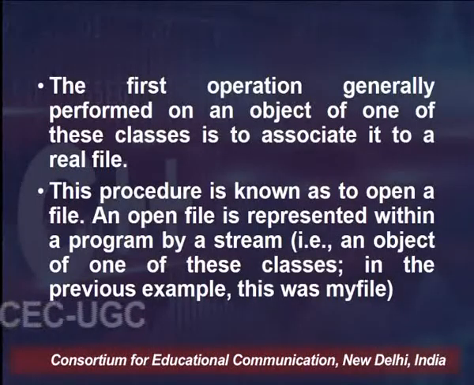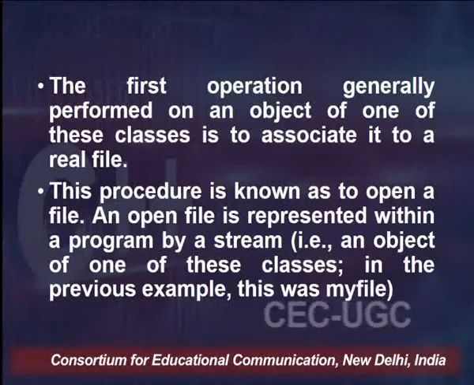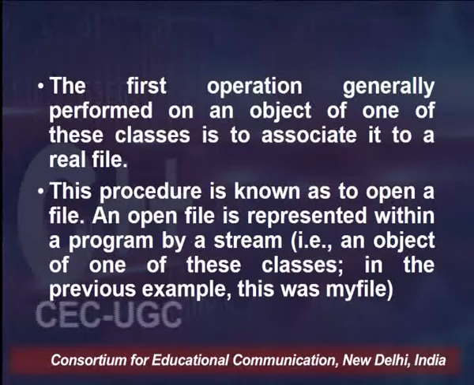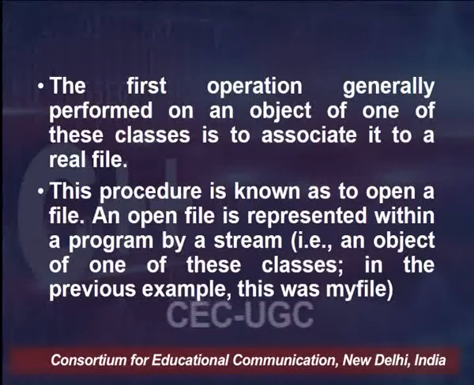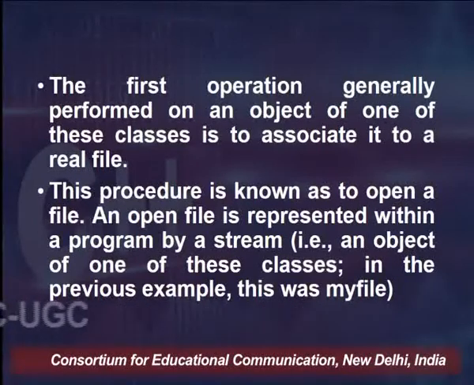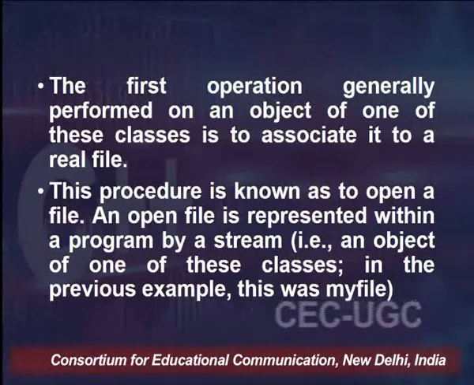So basically what we have done here is the first operation which is generally performed on an object of one of these classes. Which classes am I talking about? I am talking about the ifstream, ofstream and fstream classes. Whenever we create an object of these classes, the first operation to be performed on these objects is to associate it to a real file, and this is what we have done.